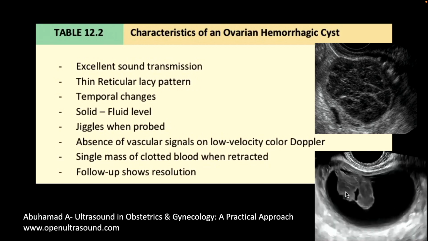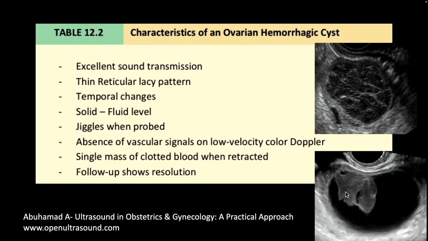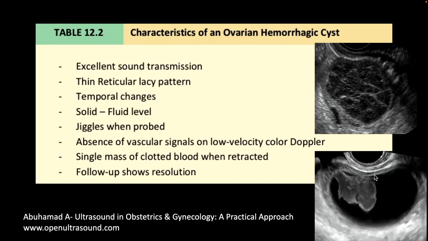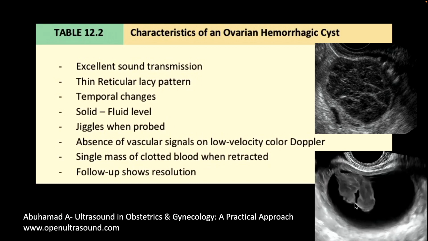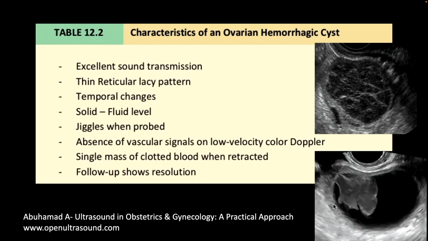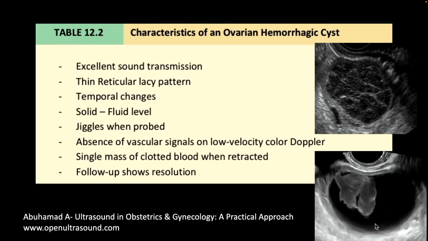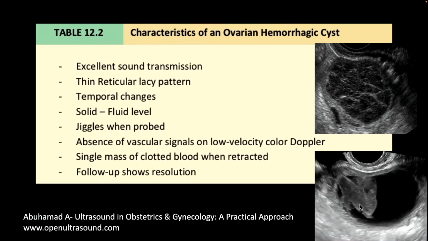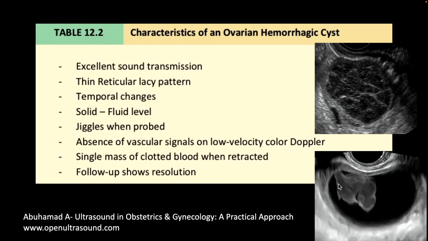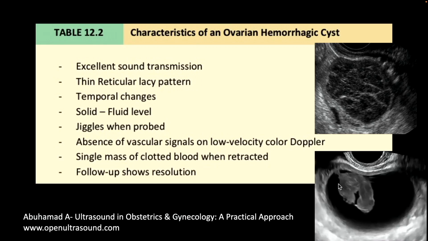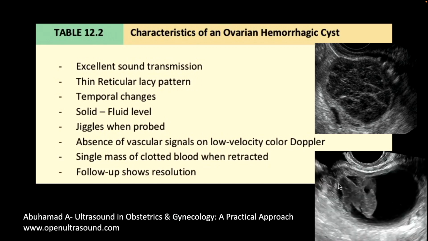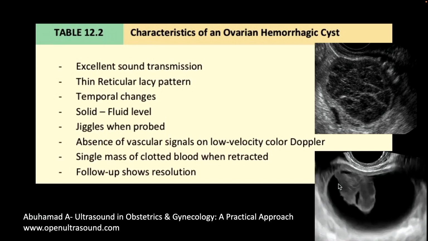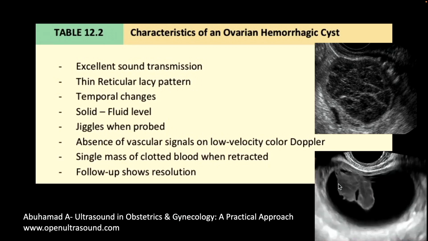Another important characteristic that's really relevant is when the clot retracts, it typically retracts to one center. So you don't have any other nodules along the way, and the borders are typically very smooth, as you see right here. Unlike cancer or borderline tumors, where they could be multifoci and the borders are ragged.